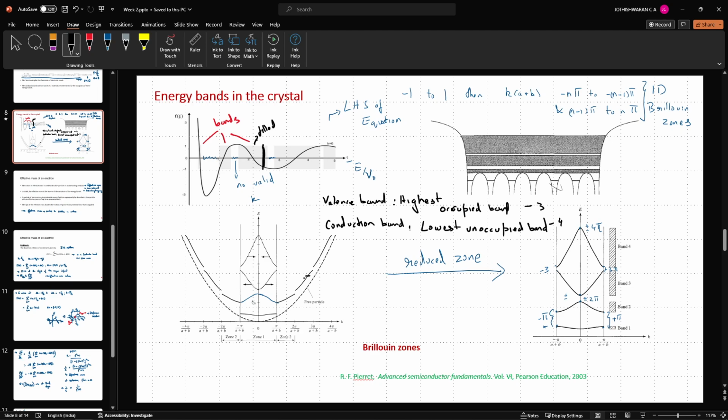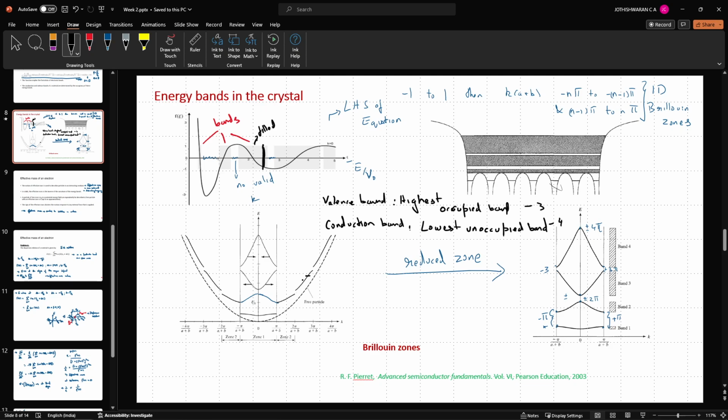Over here, we'll have to see what the effective mass is. If the effective mass is finite, then yes, some amount of electric field applied will cause some change in the values of k, which means the electron momentum is changing. I can move my electrons according to the external force that is applied, and therefore this system is capable of showing some conduction. Generally, the closer it is to the maxima or minima, the better the conductivity is.